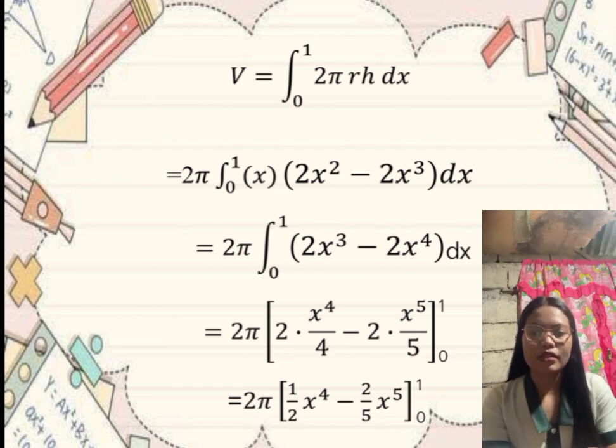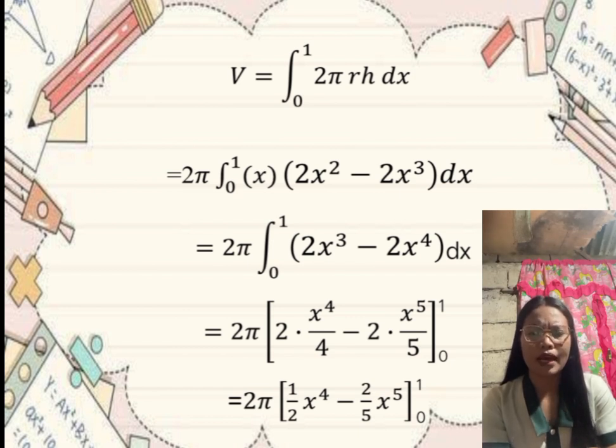So based on the power rule of antiderivative, as long as the exponent is not equal to -1, we can use the rule u raised to n is equal to u raised to n plus 1 over n plus 1.